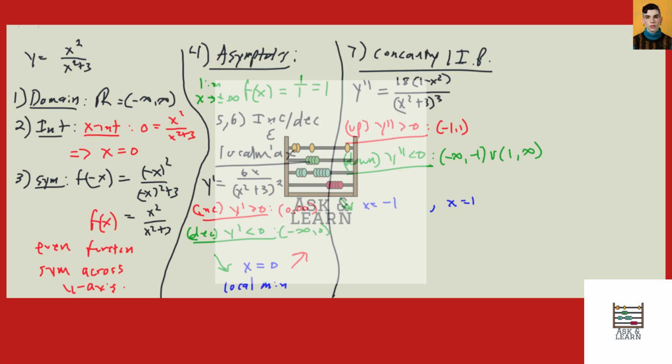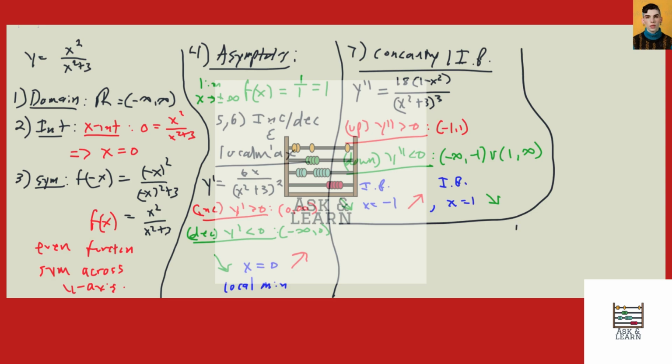On -1 to 1, the function is concave up, and I meant to say concave down to the left of x equals -1, not decreasing. And to the right of x equals 1, the function should be concave down. So we have a change of concavity at both of these, so we know both these points should be points of inflection.